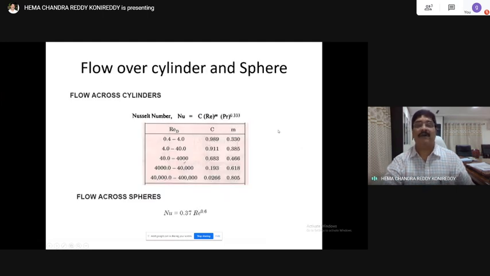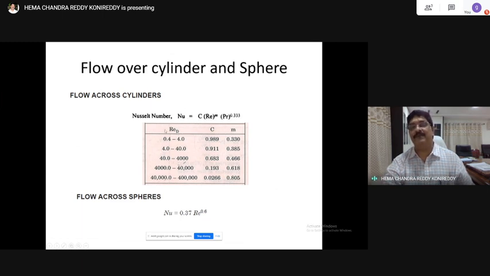So flow across cylinders and spheres, this is the generalized equation: Nu equals C Re to the power m Prandtl number power 1 by 3. This is a very generalized equation that we use for cylinders, and the C and m values depend on the Reynolds number.